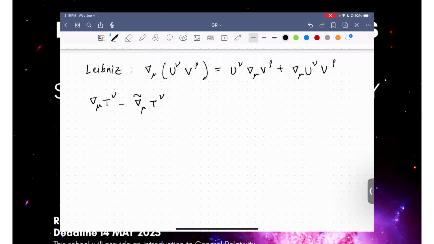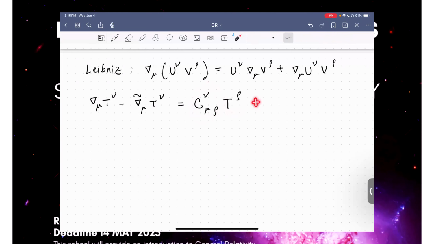their difference, when acting on any vector, or more generally a tensor, but I'm going to write down formulas for vectors for the sake of simplicity, is always going to look like the following, where they are completely independent of t.